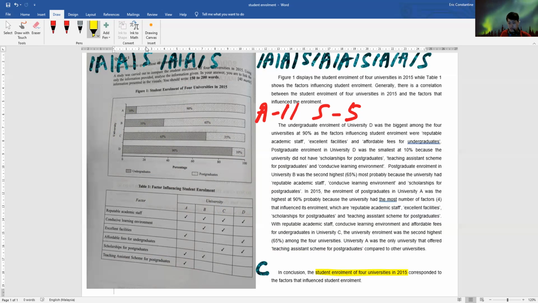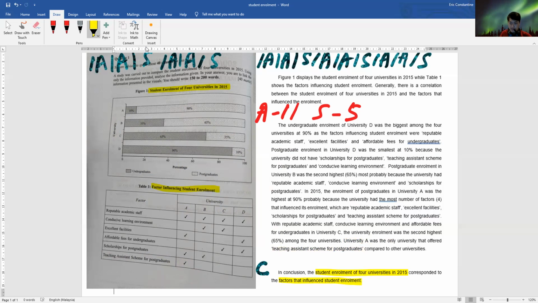So again, I mentioned the important details, and if I look at the overview, I refer to this one here, referring to the first visual and corresponding to the factors that influence student enrollment. Just to remind all of you, some candidates sometimes put down again the facts, the statistics. You do not have to. This is just the conclusion.